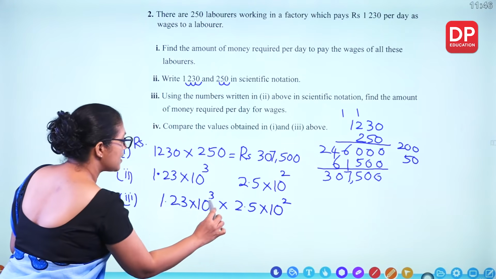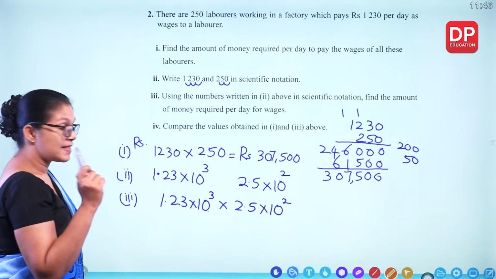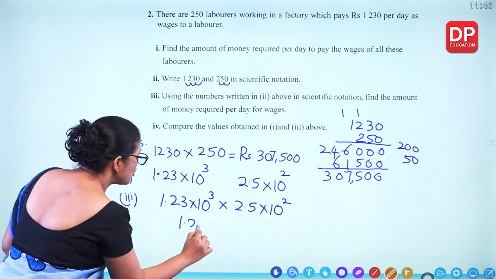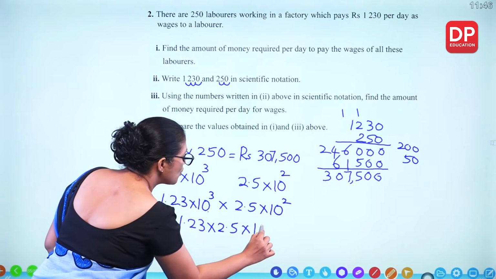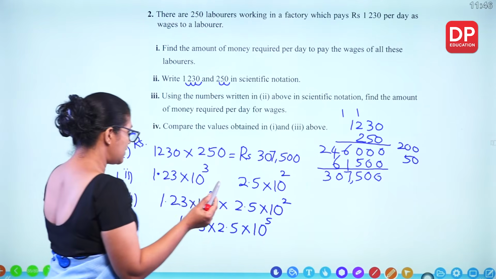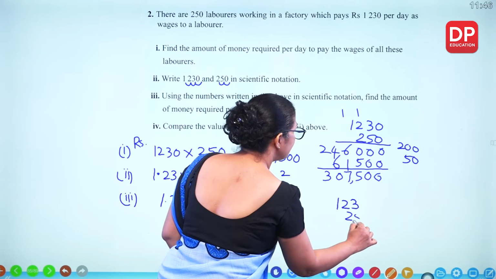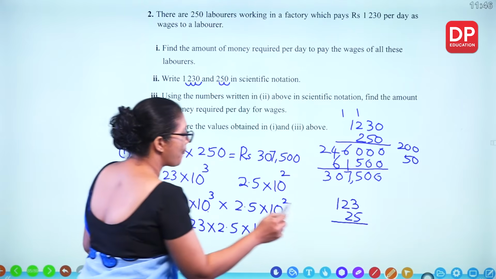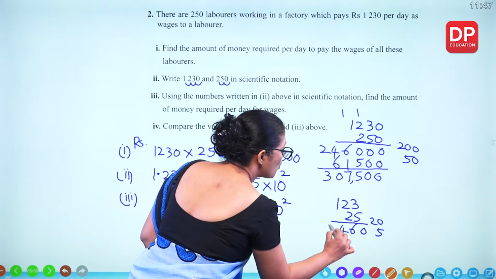So when you take these two, you can add the powers. Same base, different powers multiplication, we add it. So 1.23 into 2.5 into 10 to the power 5. Now 123 into 25. And then we can keep the decimal point. 20 and 5. 6, 4, 2.